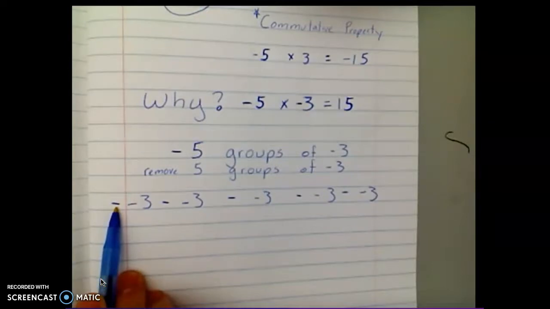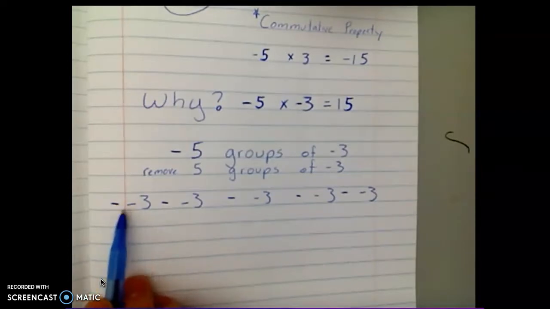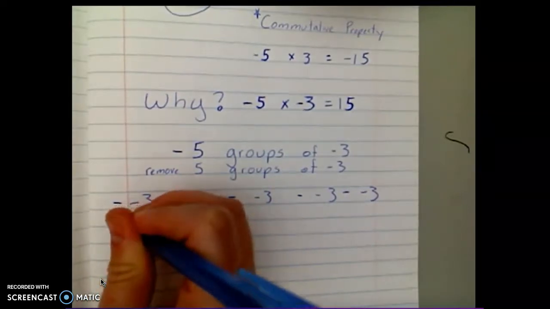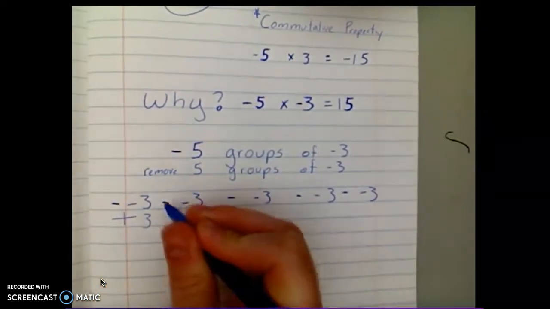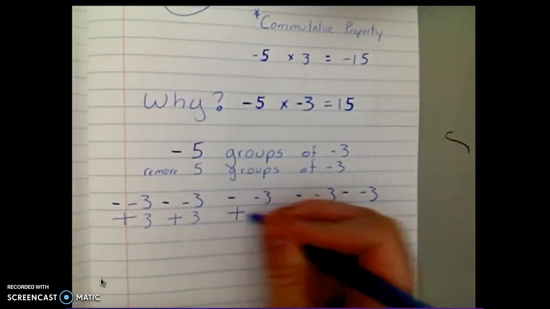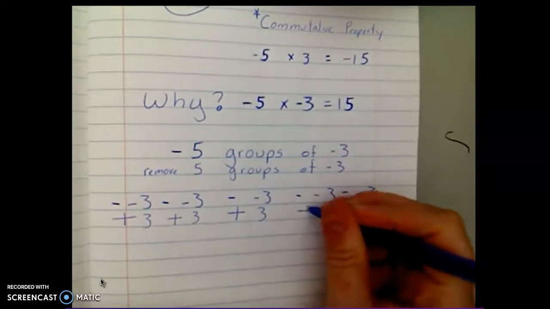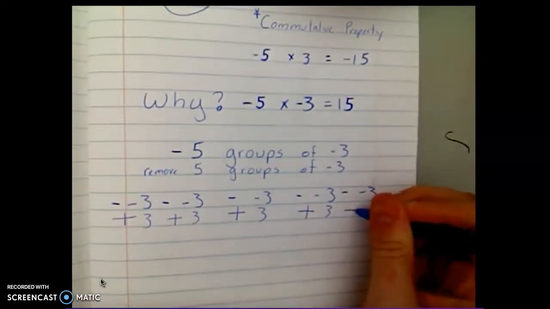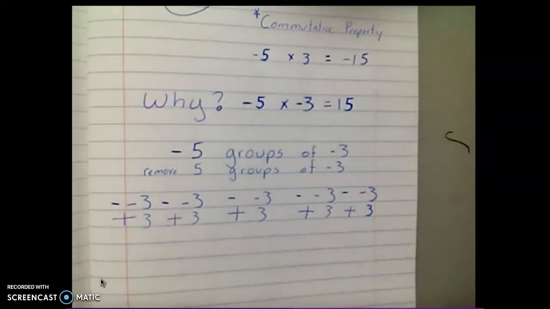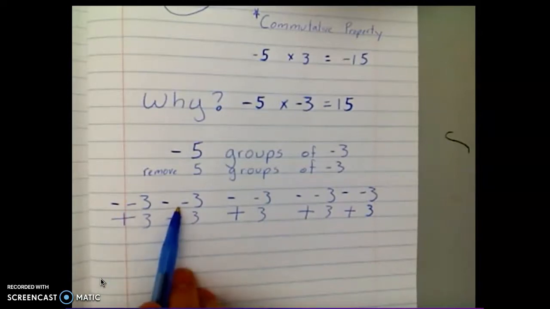Now, what I hope you're noticing here is that with a remove, a negative, that's where we get into double negatives. That means +3, +3, +3, +3, +3. Oh, it's like a repeated version of the double negative.